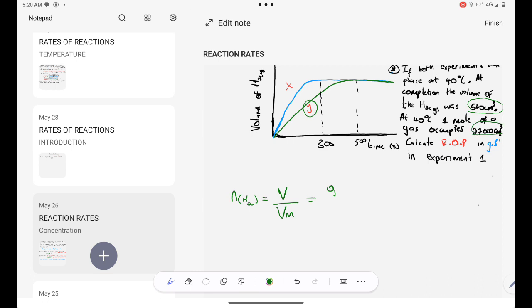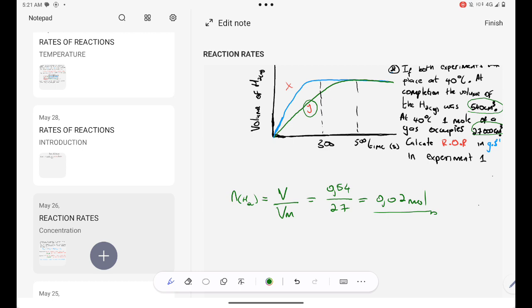So you just take whatever volume you have in cubic centimeters and divide it by 1,000. You'll end up getting 0.54 divided by 27. So this will give me 0.02 moles. Are you together? This will give me 0.02 moles.